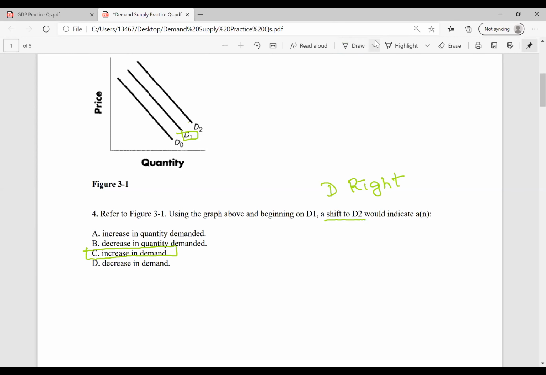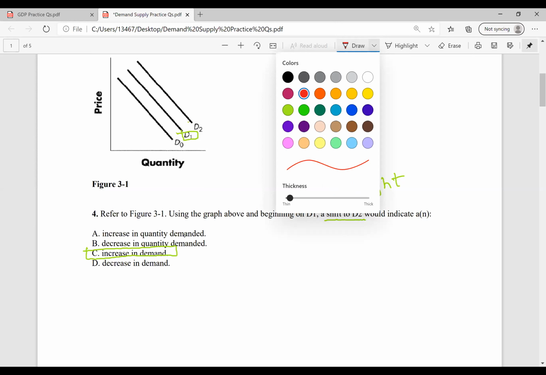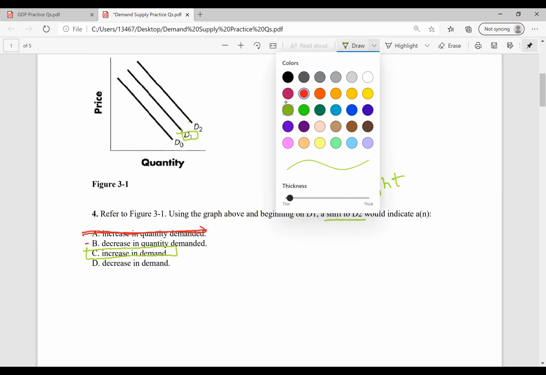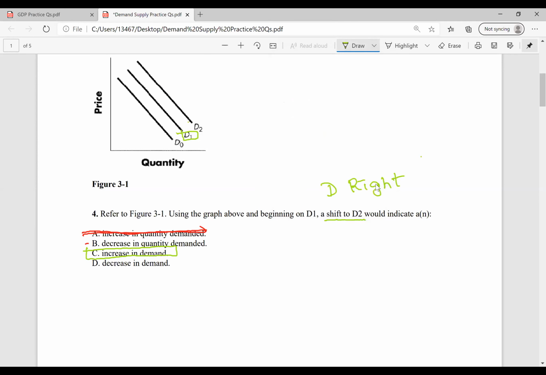And the answer here is not going to be the increase in quantity demanded. The reason for this is whenever the demand curve shifts to the right, we say there is an increase in demand, not an increase in quantity demanded.